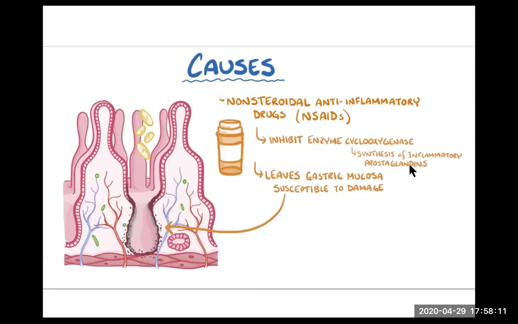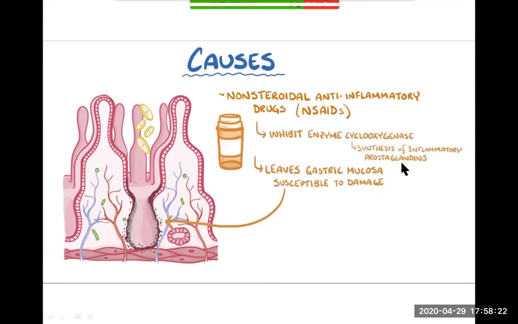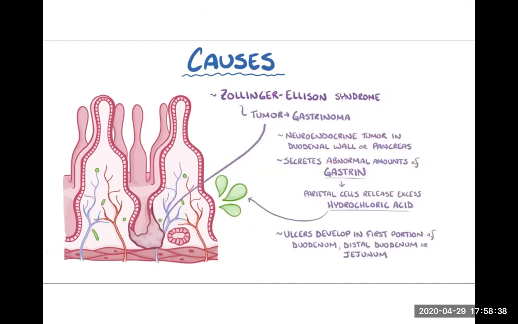The prostaglandins which are produced by the stomach and the duodenum need this cyclooxygenase enzyme. But these NSAIDs will inhibit this enzyme, thus they inhibit the production of the prostaglandins, and that's how they leave the gastric mucosa susceptible to damage, which then ultimately causes the peptic ulcers.